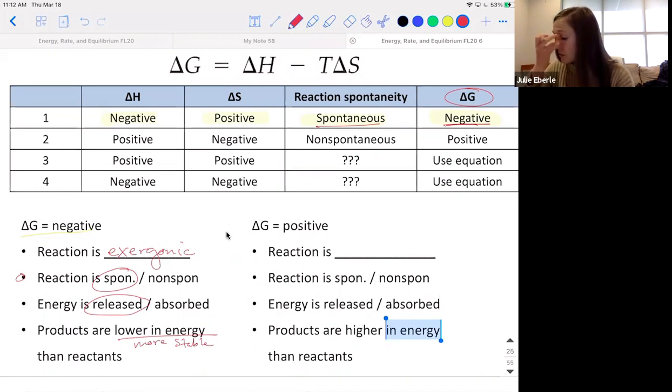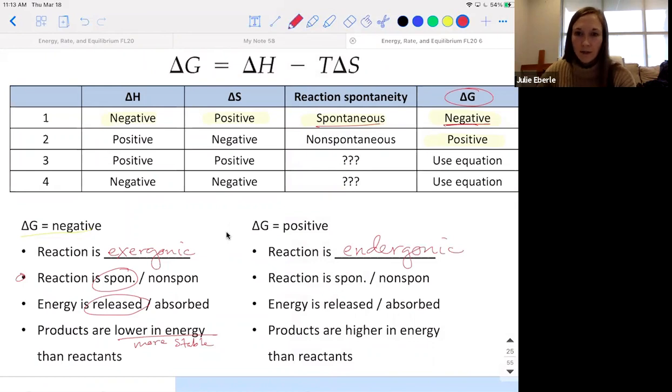On the flip side, row 2 from the table, when you have a positive delta G, that reaction is always non-spontaneous, unfavorable, and we have a word for that. We call it endergonic. I think they want you to get these confused because they named them almost the exact same as exothermic and endothermic.